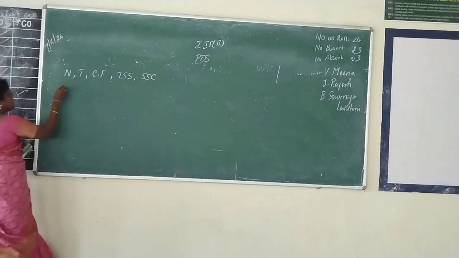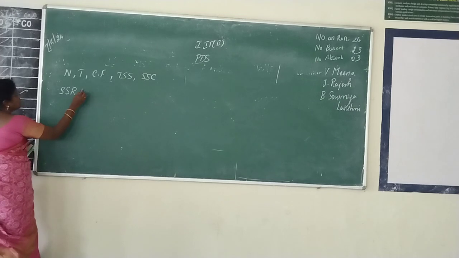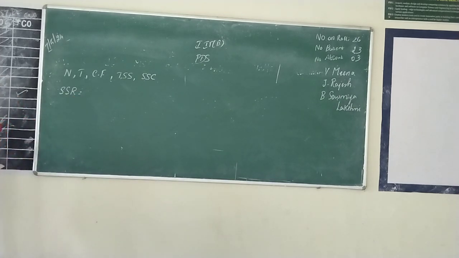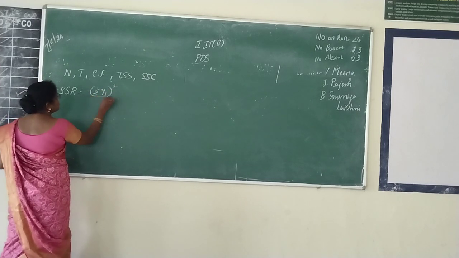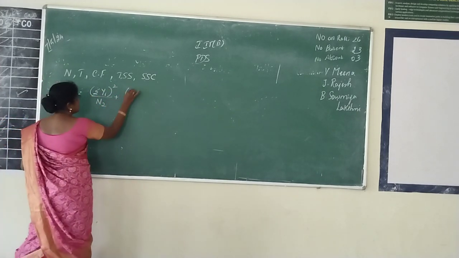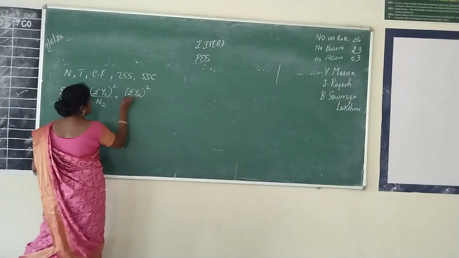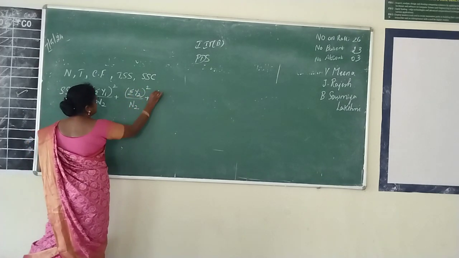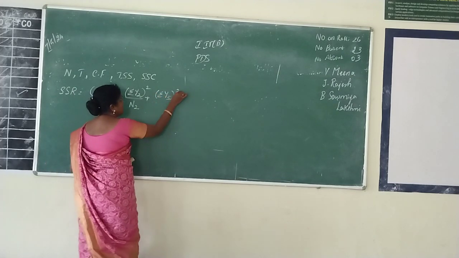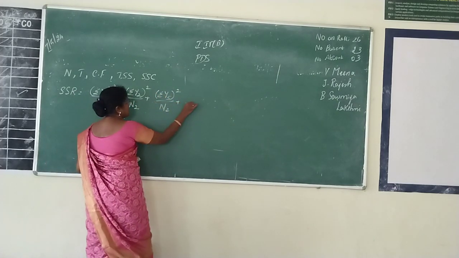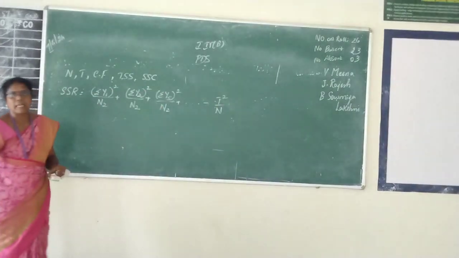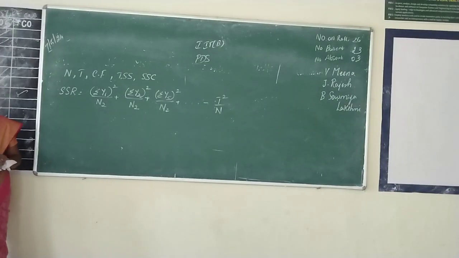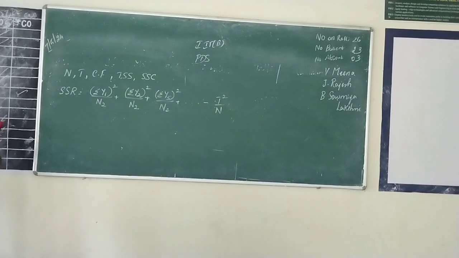Next is SSR, sum of squares between rows. SSR is given by the formula: summation of y1 the whole square by n2, plus summation of y2 the whole square by n2, plus summation of y3 the whole square by n2, plus etc., minus T square by N. Y1, y2, y3 indicate the corresponding rows: y1 first row, y2 second row and so on.